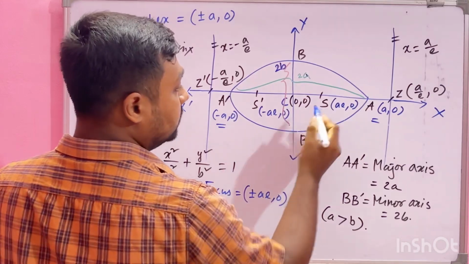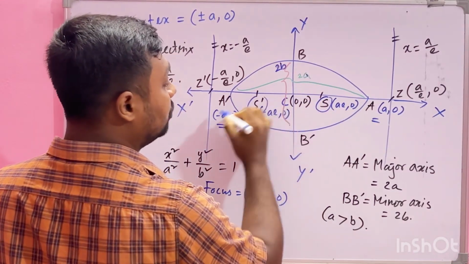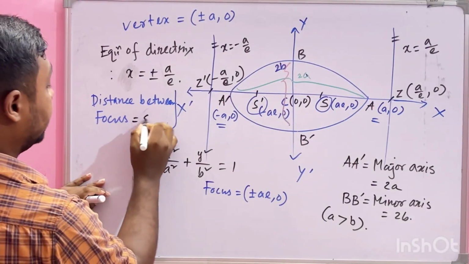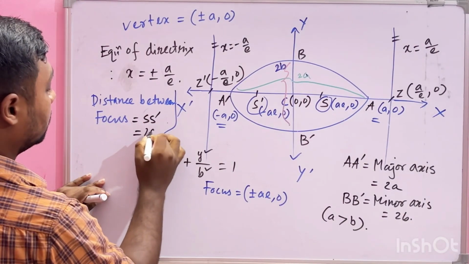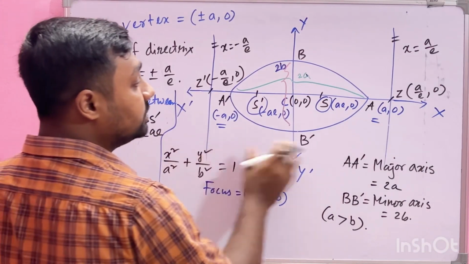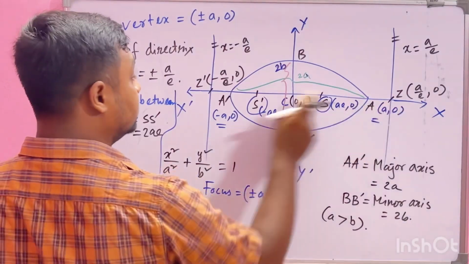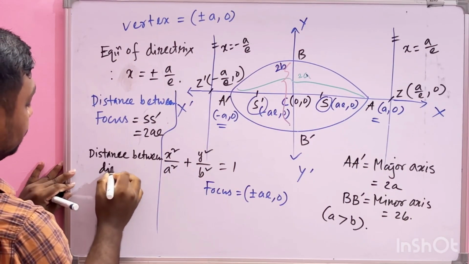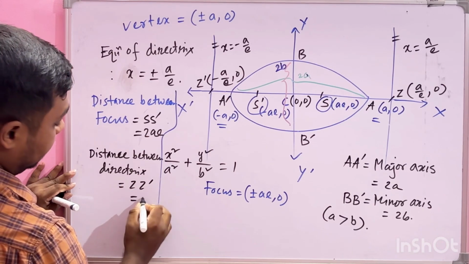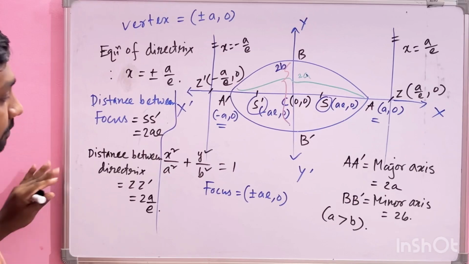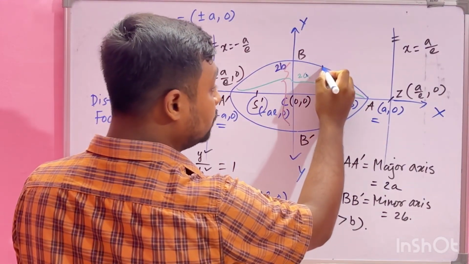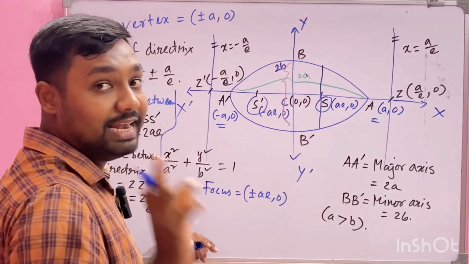Now since S and S dash are the two foci, the distance between the foci, that is SS dash, equals 2ae. Now what will be the distance between the two directrices, that is ZZ dash? The distance between directrices, ZZ dash, is 2a by e. The perpendicular which goes through the focus is called the latus rectum.